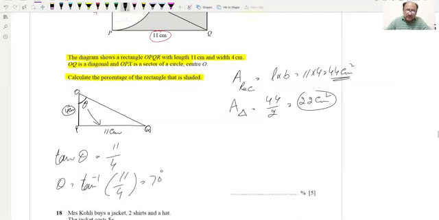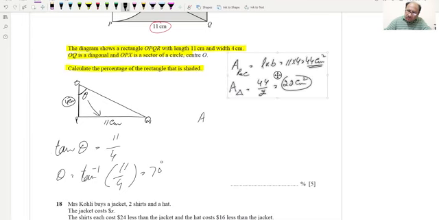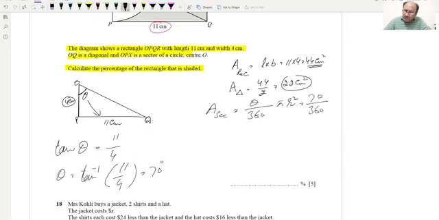Now we can find the sector area. The area of the sector is equal to theta over 360 times pi r squared, and theta is 70 degrees. So 70 degrees over 360 times pi, and the radius is 4, so 4 squared.